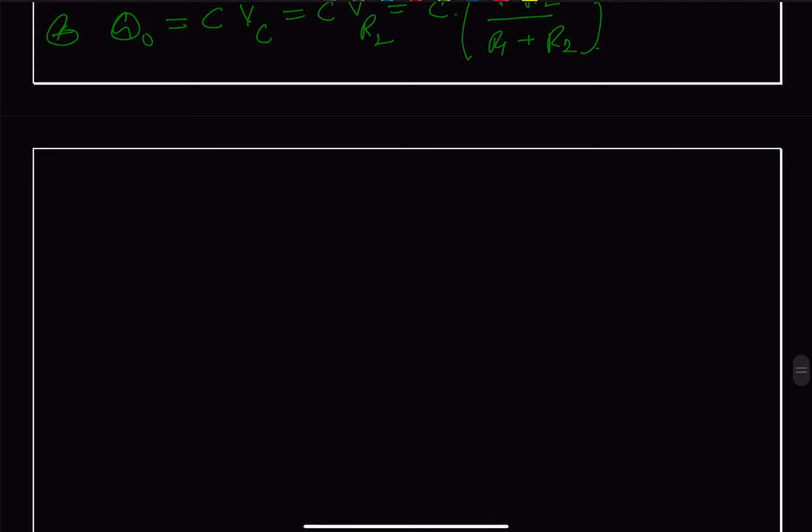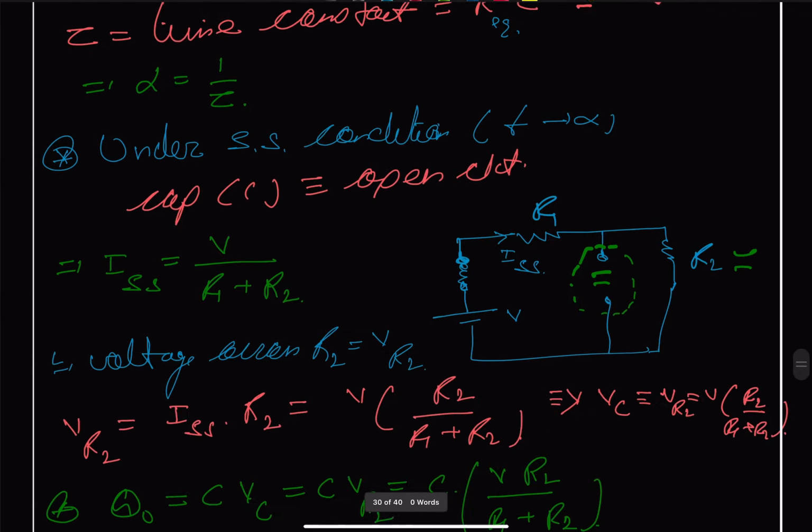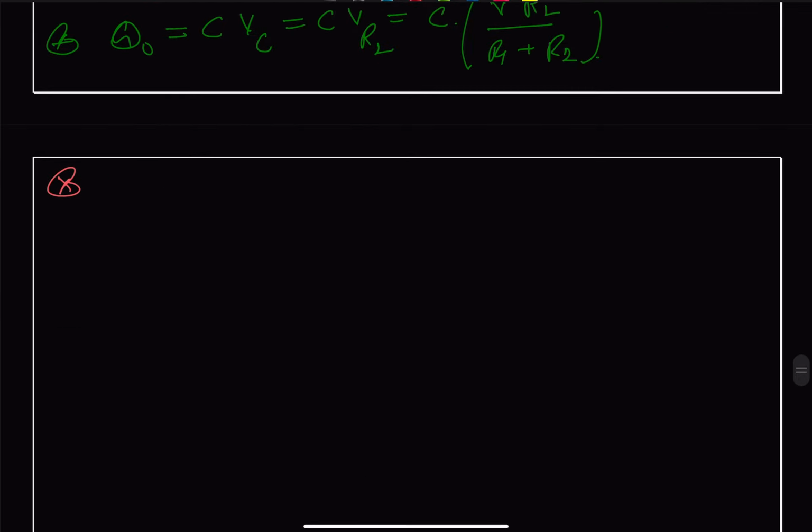Alpha is not a time; alpha is 1 upon the time constant. And like we said, this time constant tau will be equal to R equivalent multiplied by C. In order to find this time constant, we are going to short circuit our voltage source.